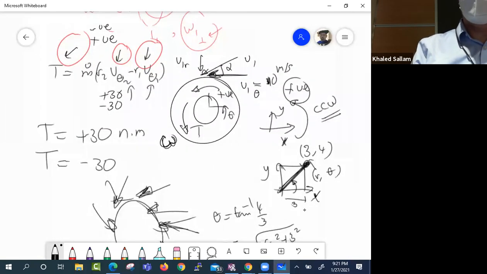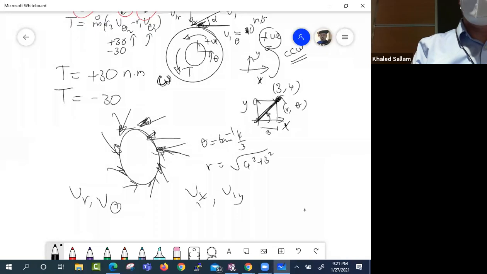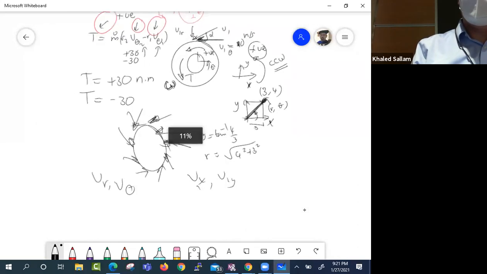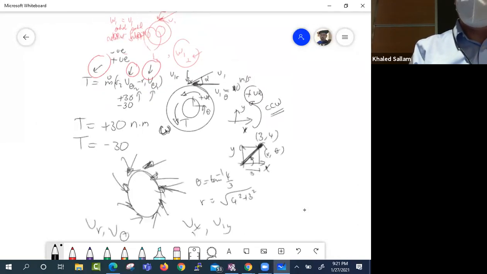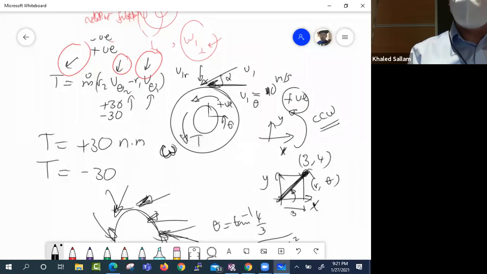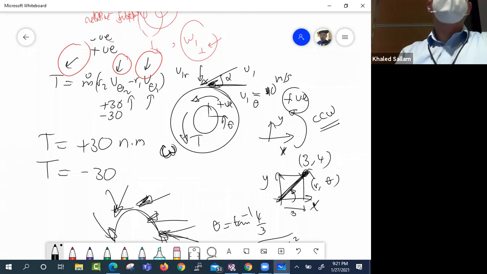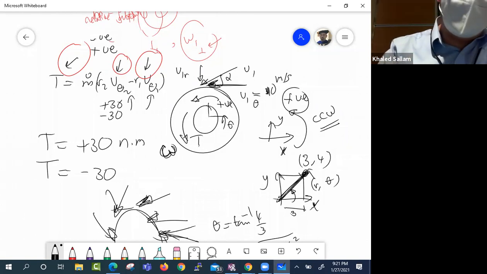Okay, if I understood correctly, in that figure, where you mark that alpha, that's the angle made by the velocity, right? Yes, V1 with the tangential direction. Tangential line. With the tangential direction, because V1 over here is not going to make alpha with the x-axis.